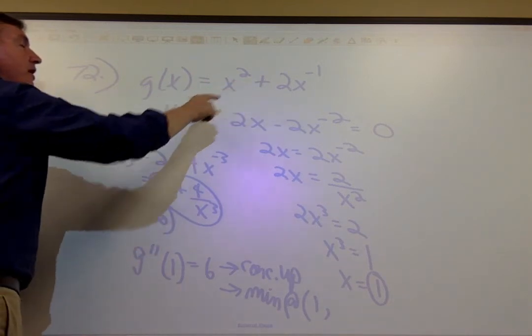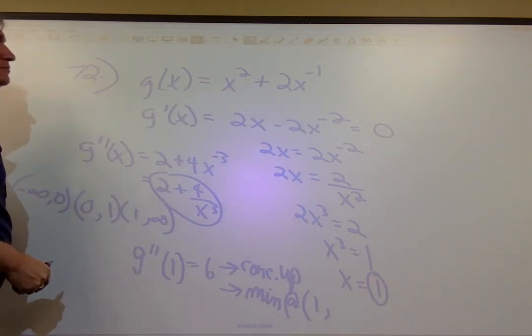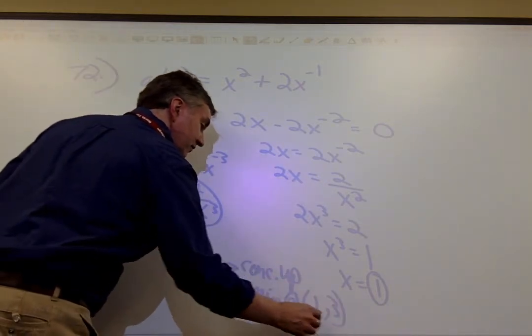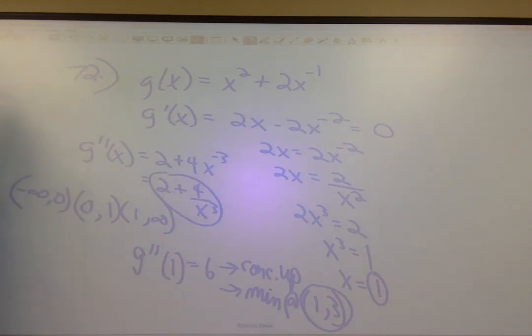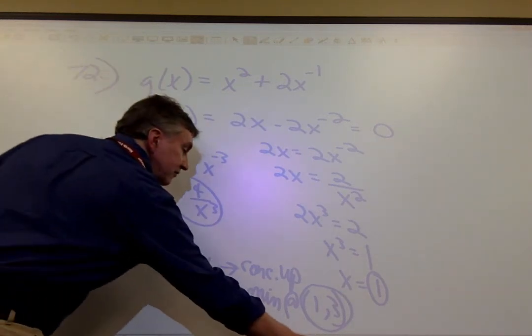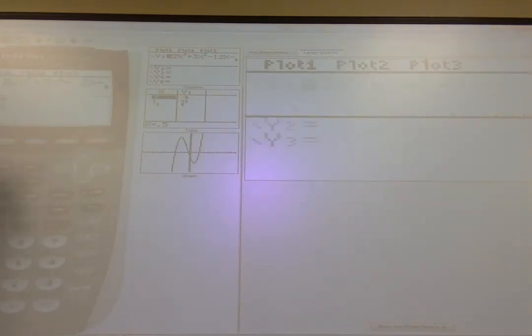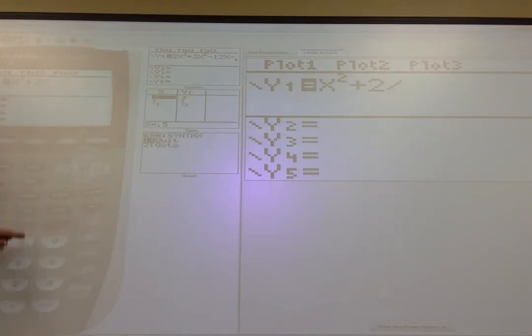What if I put 1 in my original? 1 plus 2 would be 3. You want to test it? x squared plus 2 over x. I graph it, x squared plus 2 divided by x.